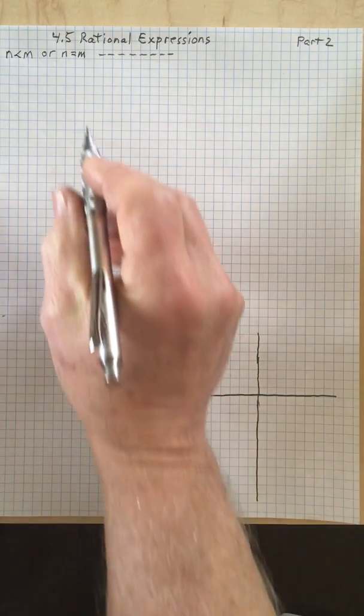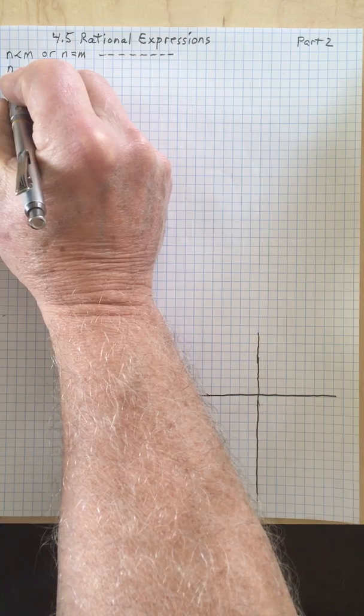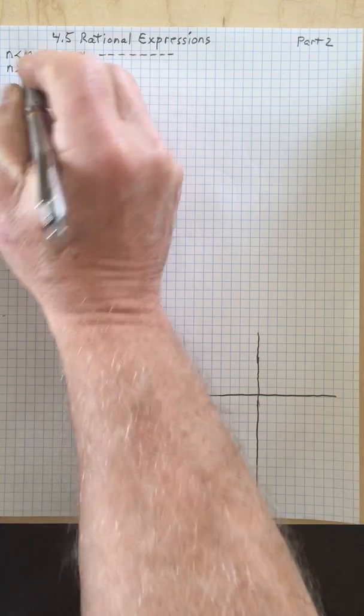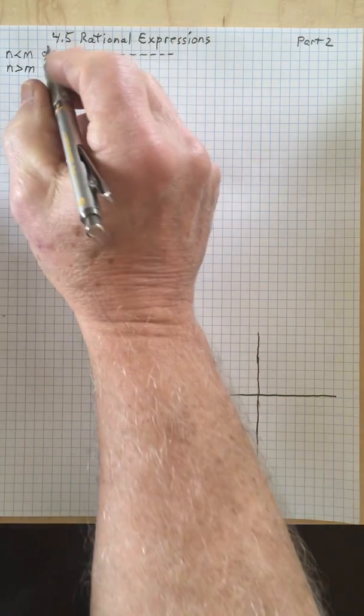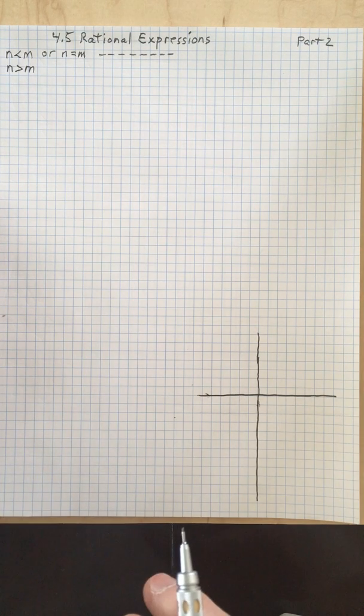What we want to look at now is this. What's missing here is what happens when n is greater than m. When n is greater than m, there is no horizontal asymptote. However, there is an oblique or a nonlinear asymptote.